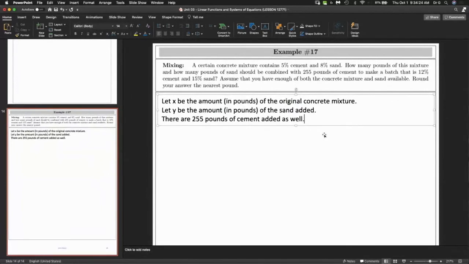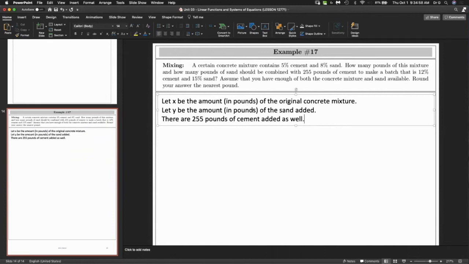This one here is going to take a lot of reading over. I understand that. What you want to do is think of it as concentrations, okay? So you have some stuff that is 5% cement and 8% sand, and you want to add some cement and sand so that the mixture increases to 12% cement and 15% sand.